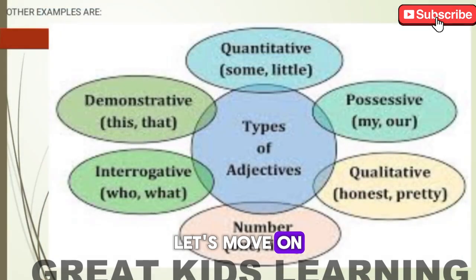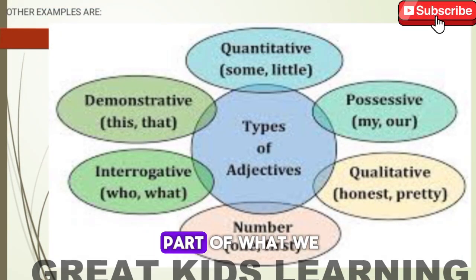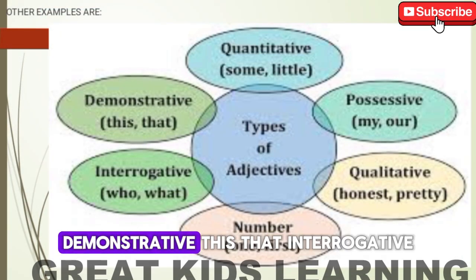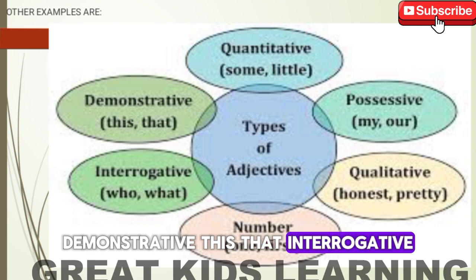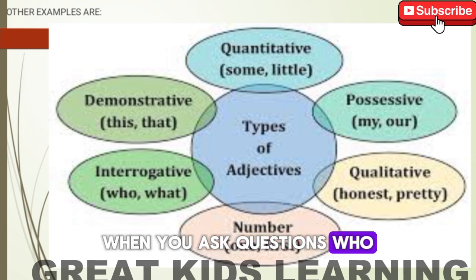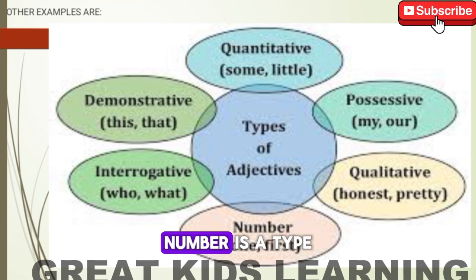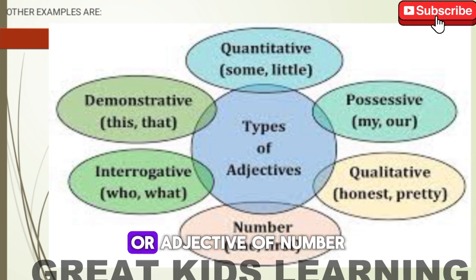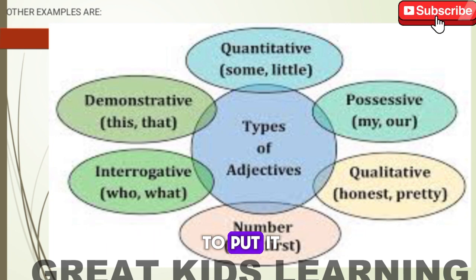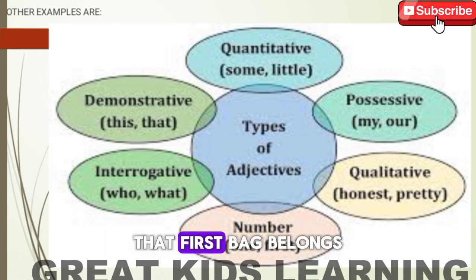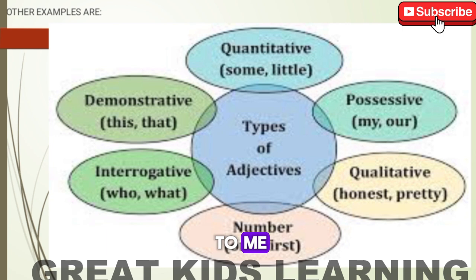let's move on. All right, this is also part of what we have talked about: demonstrative, this, that; interrogative, when you ask questions, who, what is your name. All right, number is a type of adjective too, or adjective of number. That's the proper way to put it. Either the first or the last. That first bag belongs to me.